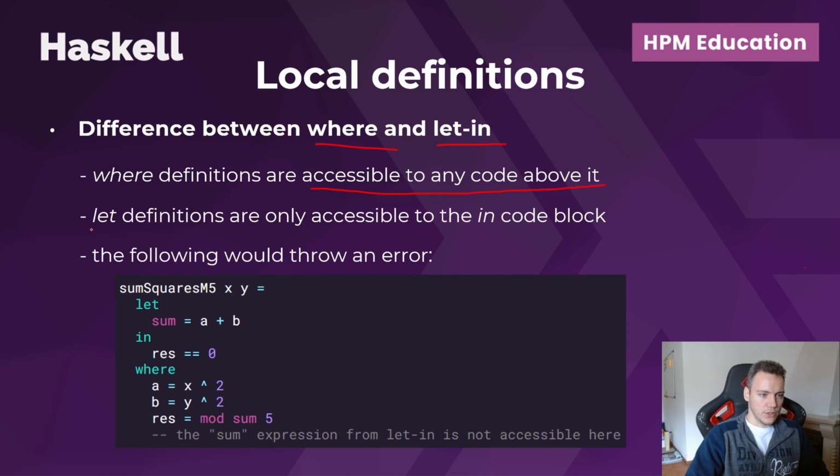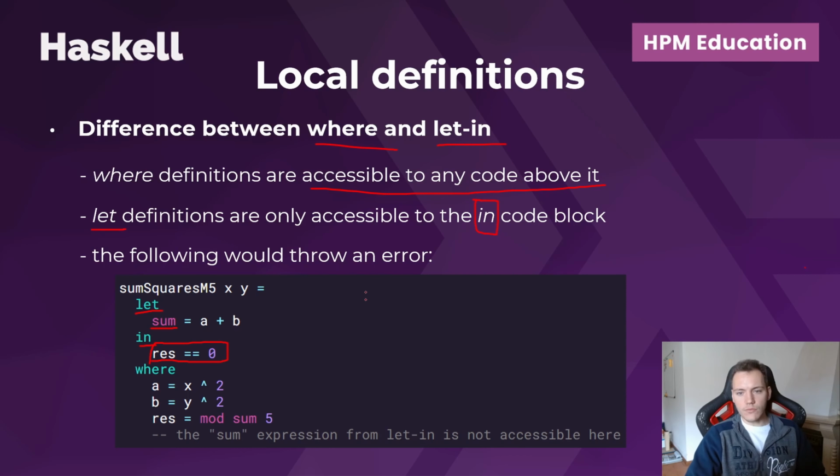However, with let-in definitions, the definitions that we define in let are only accessible to the in part of the code block. So we saw that the syntax is let, then some definitions, and then in and a code block. So this definition, for example, sum, is only available in this code block.